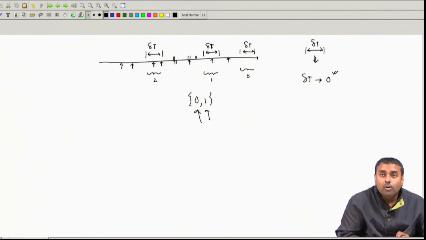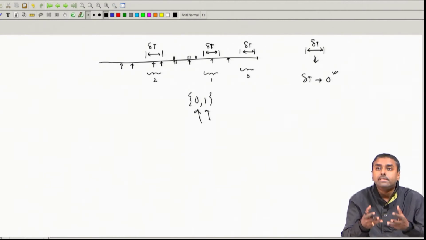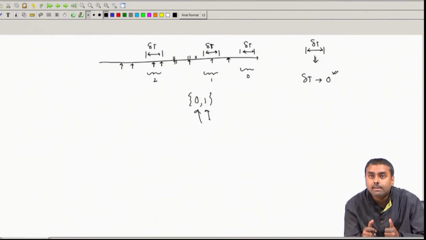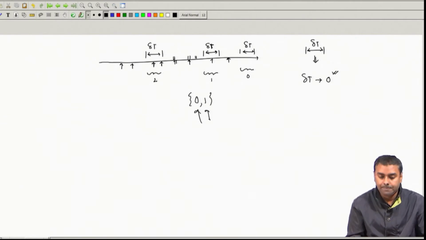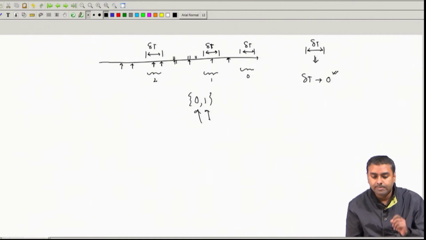Therefore, I can only have either 1 arrival or 0 arrival if I make this delta t tend to 0. So, this is the essence I will try to bring in. Let us try to see how I bring in this principle.